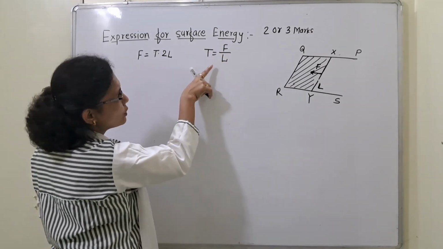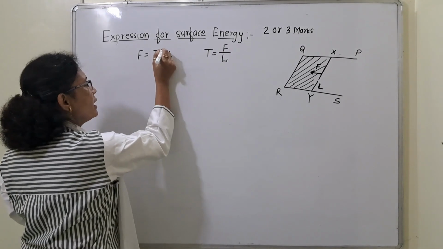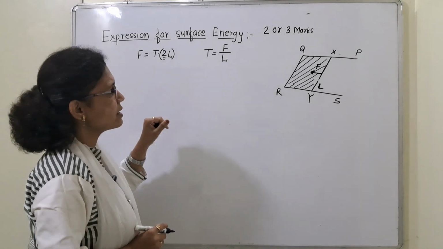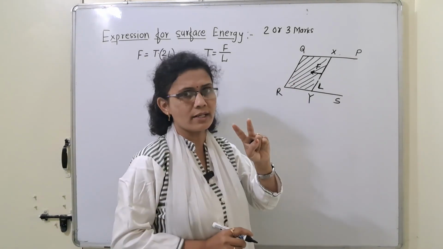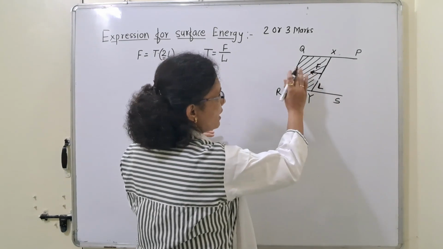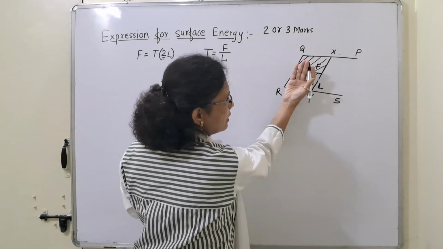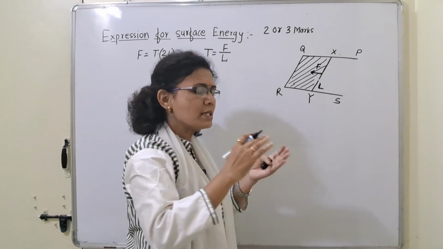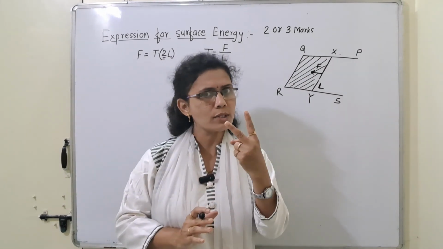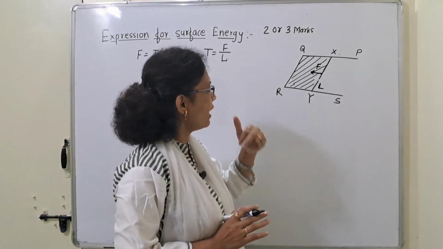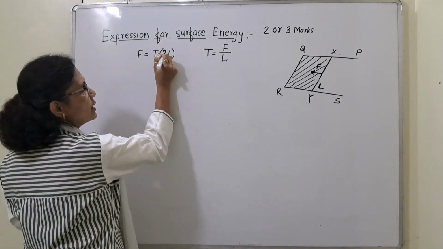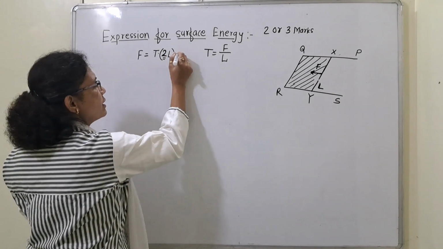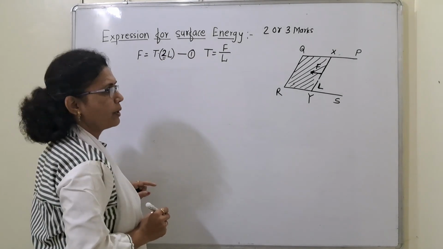Therefore, F would be equal to T into L. But here the factor 2 is seen, right? Why is this factor 2 here? This soap film has 2 sides, upper side and lower side, or back side and front side. Means this soap film has 2 surfaces. So we have considered this factor 2 here. Therefore, instead of taking L, we will take 2L. Let this be equation number 1.